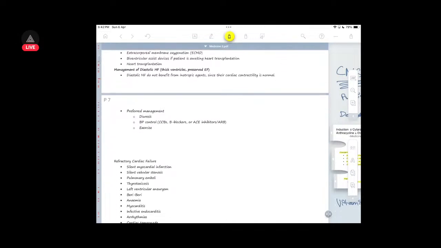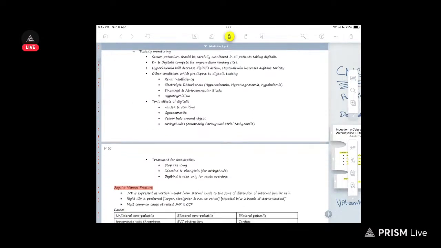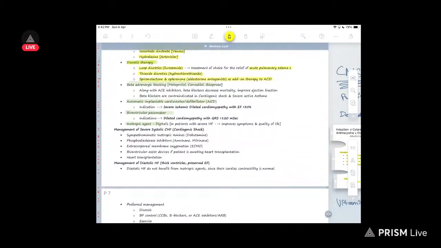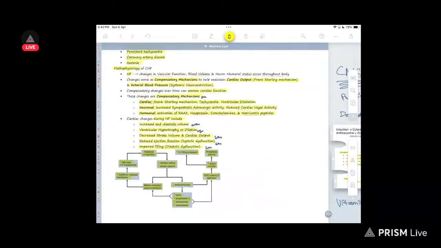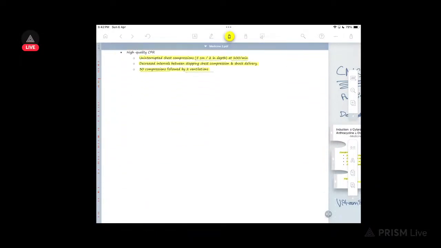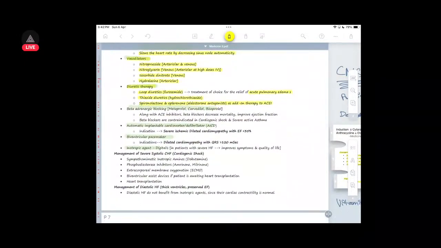Oh my god. I'm just really tired, man. There's 43 pages of this I have to do.